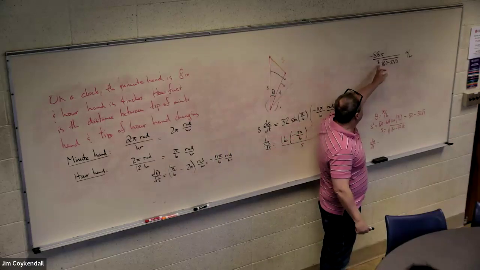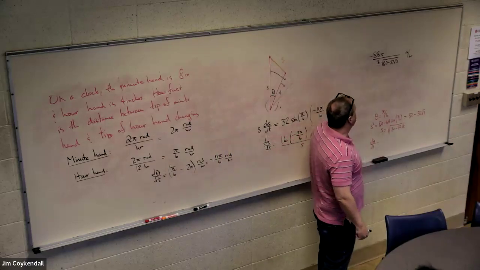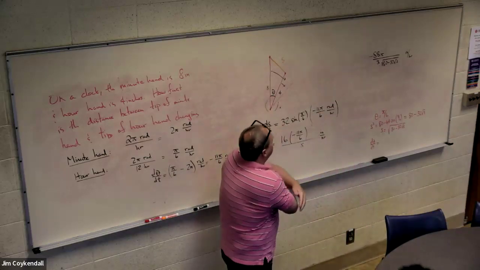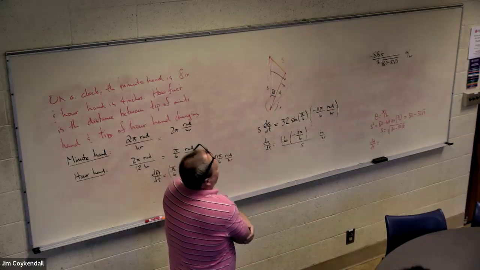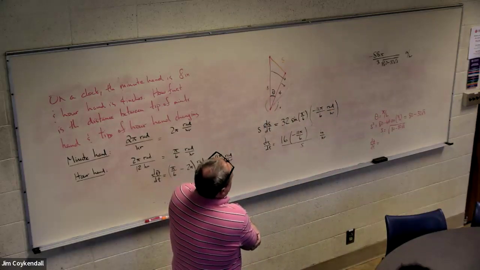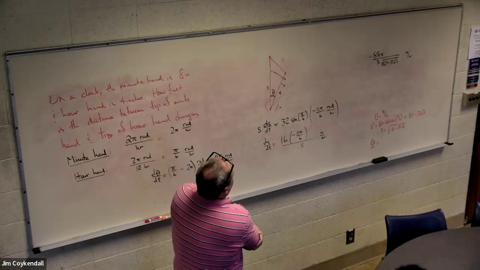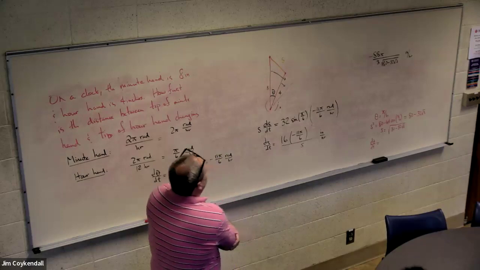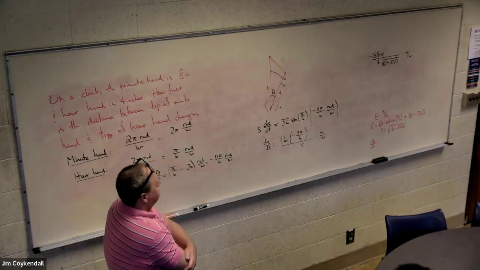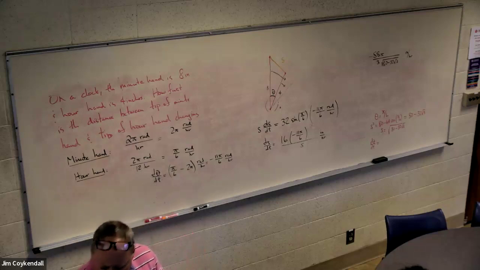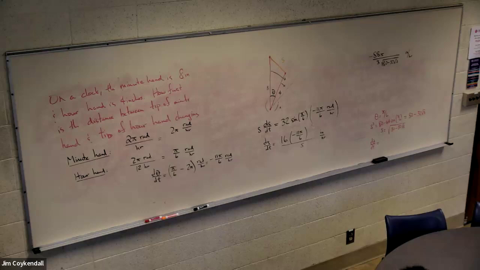And if you divide that by, say, 60, you get inches per minute, which makes sense. Yes, that number seems about right. Okay, any questions?